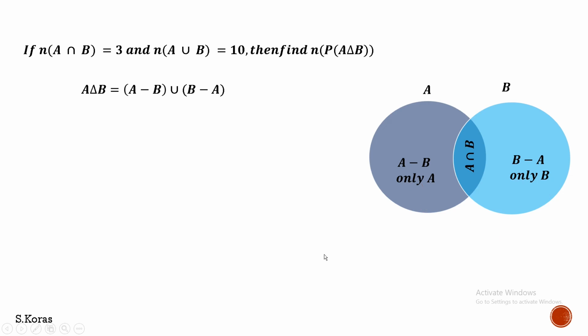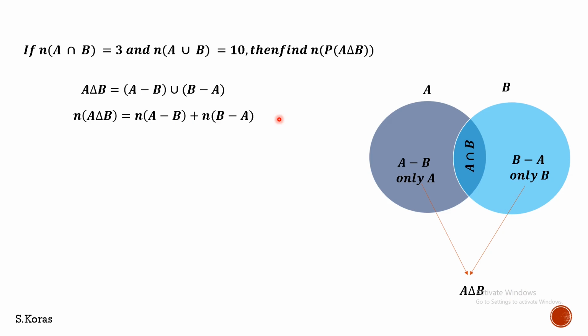So A delta B is nothing but the combination of these two sets. Since this set and this set are disjoint, we can write n of A delta B is nothing but n of A difference B plus n of B difference A.